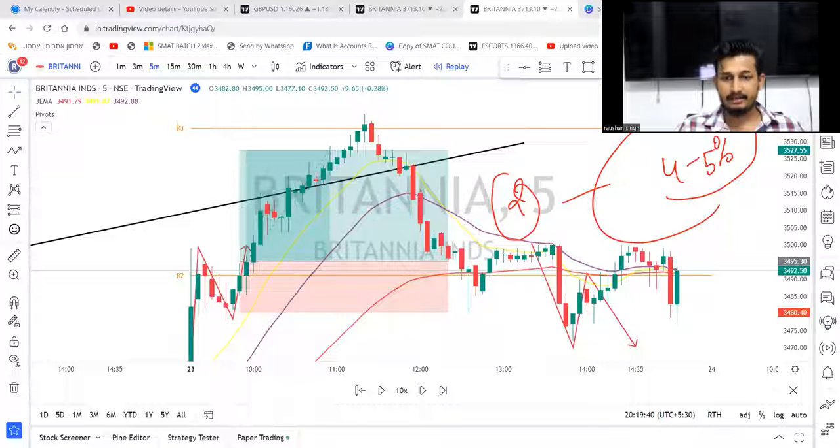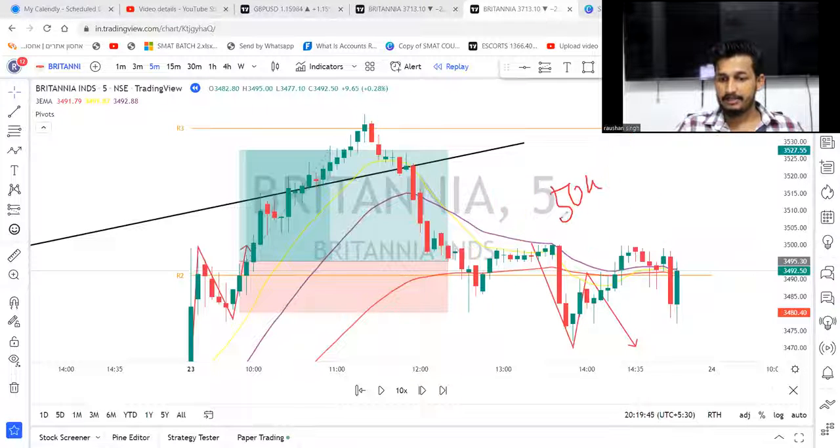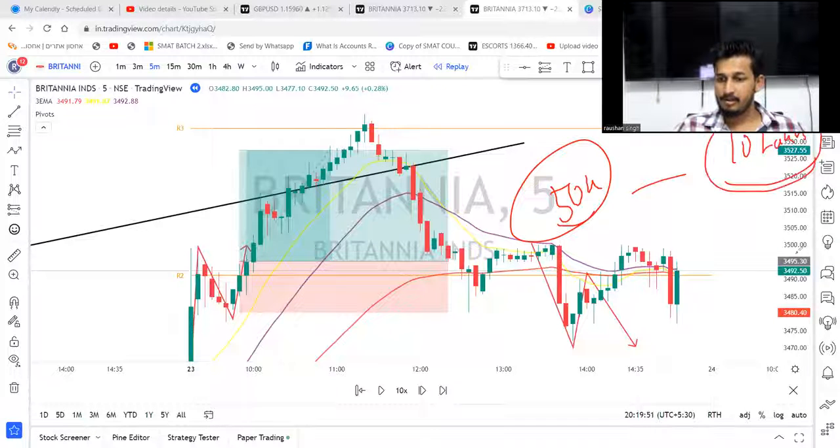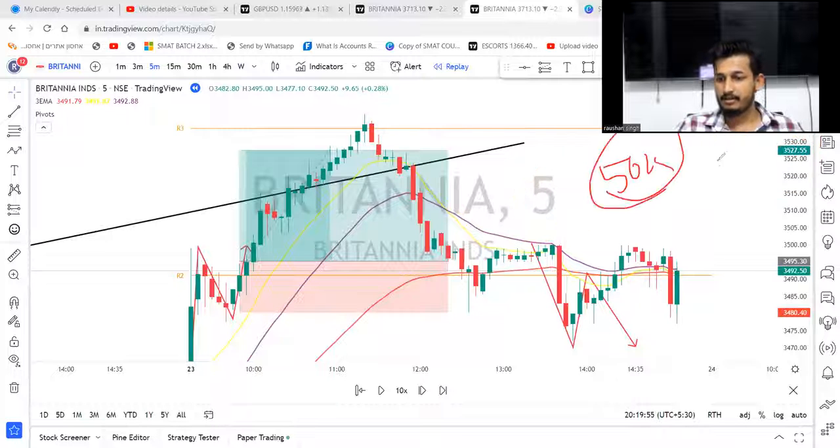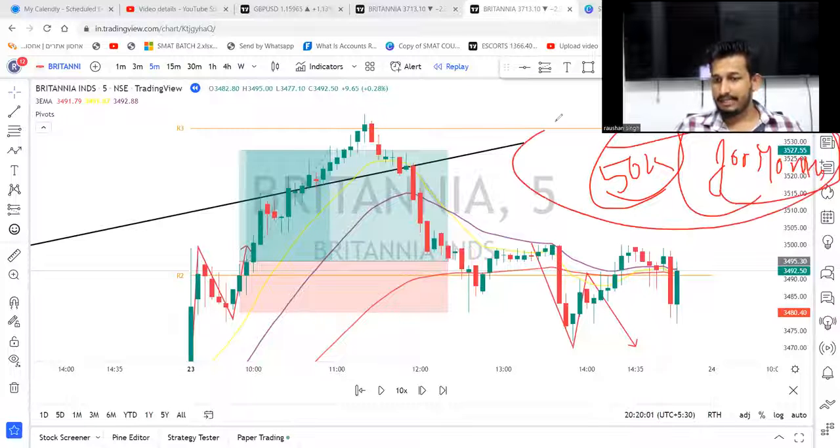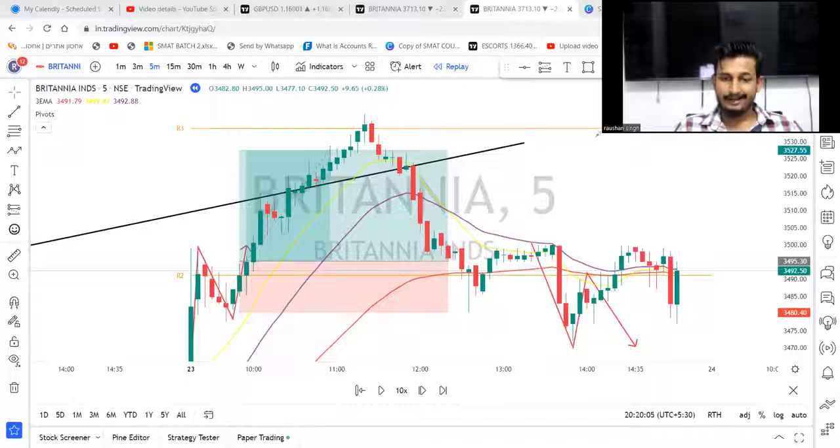If I'm making, let's say, 50,000 rupees a day, that's approximately 10 lakh rupees per month. What else do I need? I need maximum 50,000 rupees per month to live. That is also maximum, for whatever expenses I have, but I do not have this much expenses. So I trade only till that, so my greed should not control me.